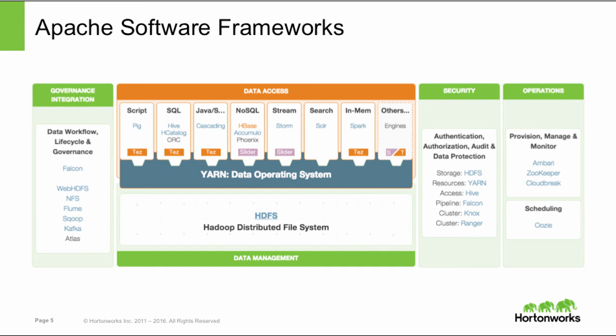At Hortonworks for HDP, we like to look at Hadoop in these 5 architectural pillars. Down at the bottom, what we call data management itself. This includes the storage elements of Hadoop, as well as the compute elements. So HDFS and YARN are components we'll just talk about in the very next slide, I believe.